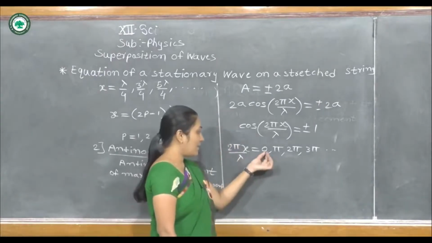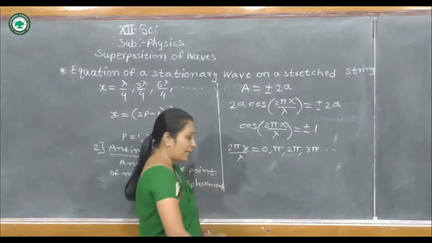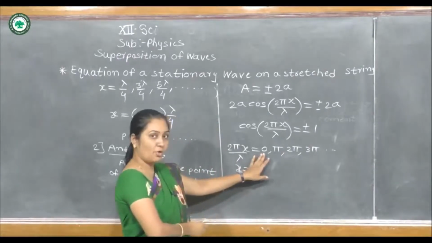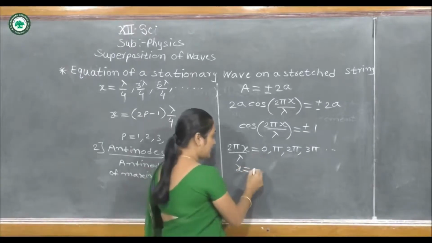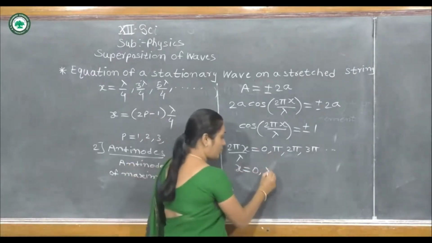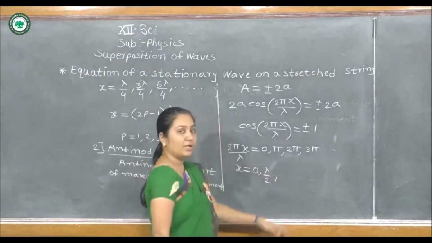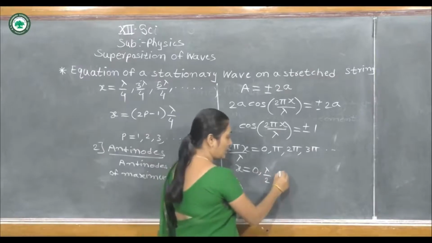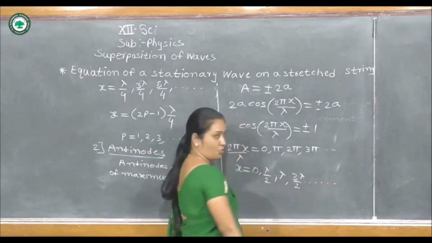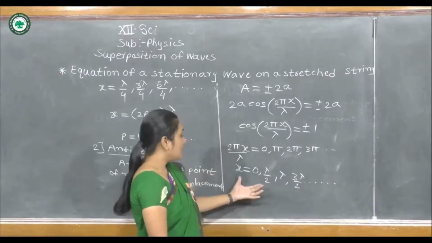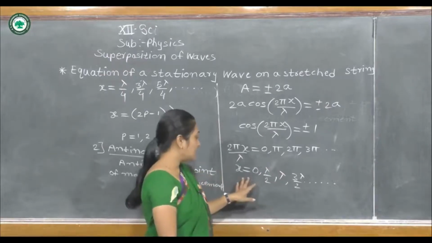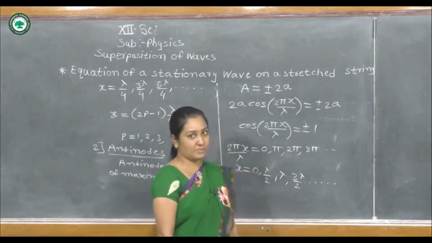So again by using these values we get x equal to, if we substitute 0, then it is 0. If we substitute pi we have lambda by 2. If we substitute 2 pi then lambda, then 3 lambda by 2 and so on. So these are the points of antinodes, and this x gives the displacement of these values.